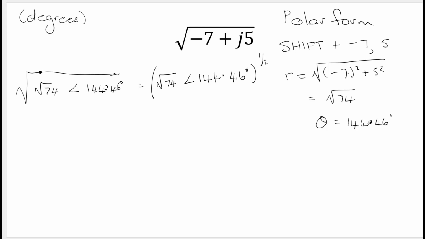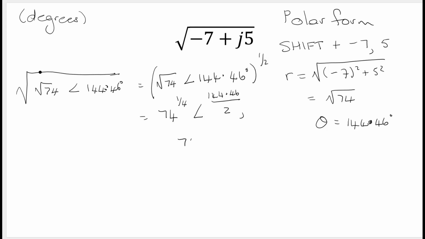Using the rules on the previous page, root 74 is already 74 to the power of a half, so taking the square root of that, it becomes 74 to the power of a quarter, angle 144 over 2. That's one root.